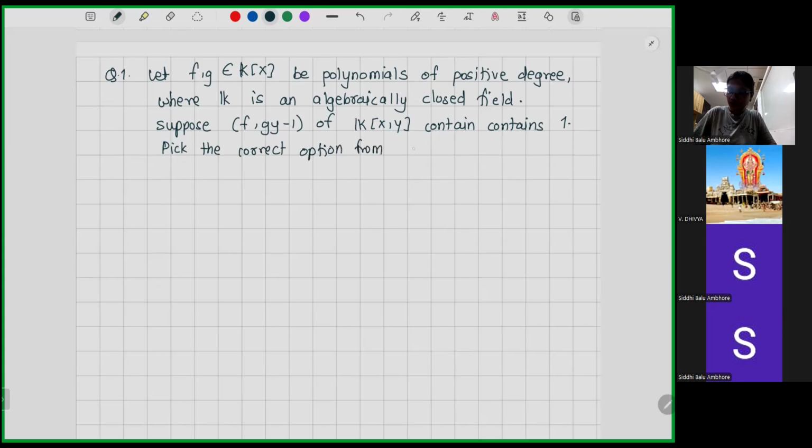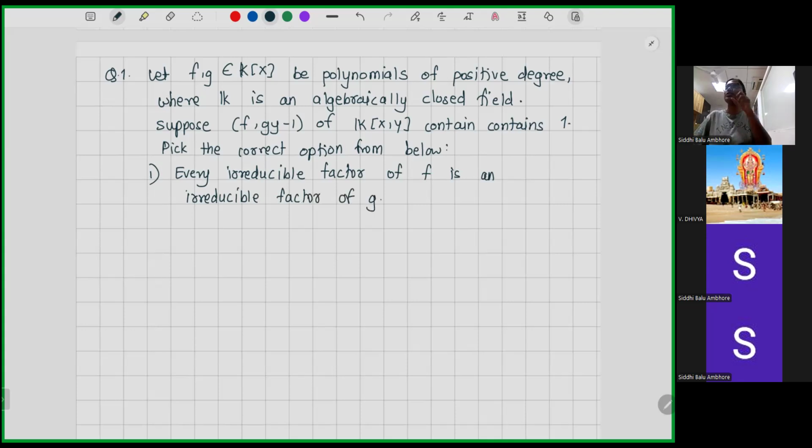From below, the options are: first, that every irreducible factor of f is an irreducible factor of g.